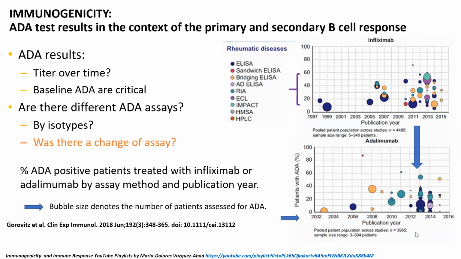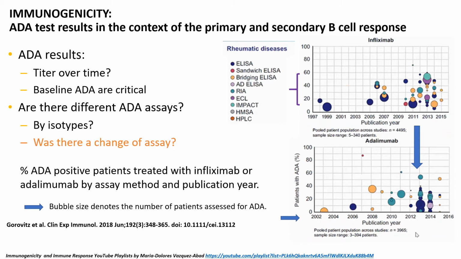And if there is a change, we do need to make sure that we report it to the regulatory agencies when we submit the dossier for approval. If you are interpreting from the label or from publications because you want to treat a patient, you also have to take into account what exactly is this information telling you?